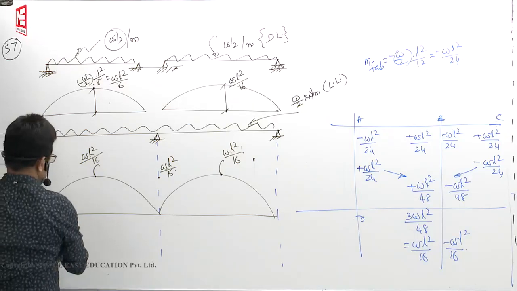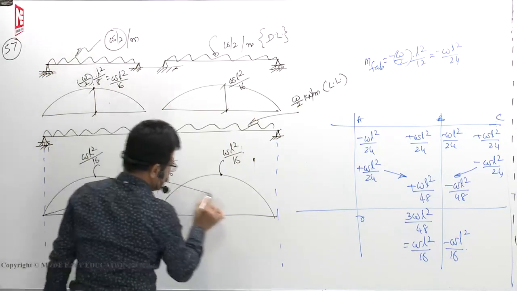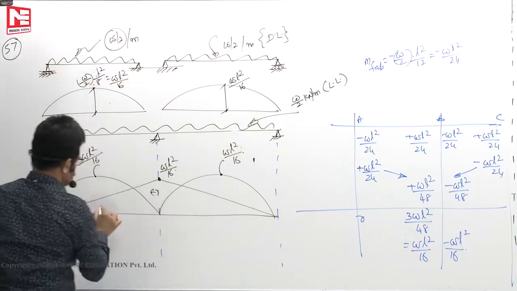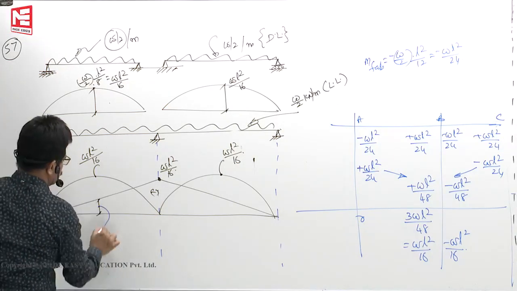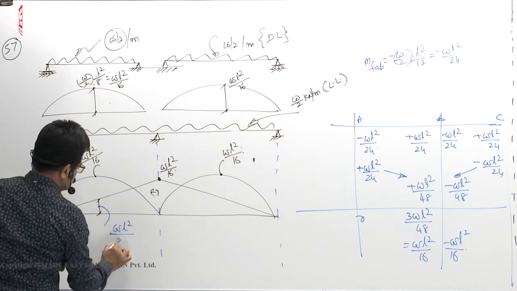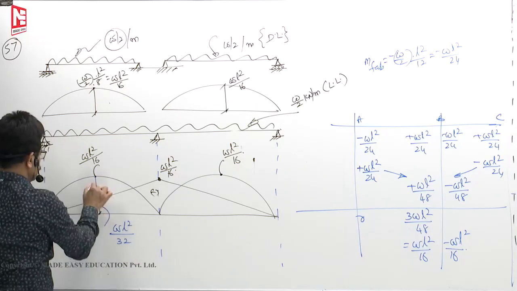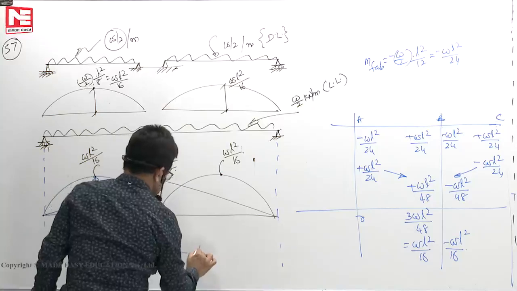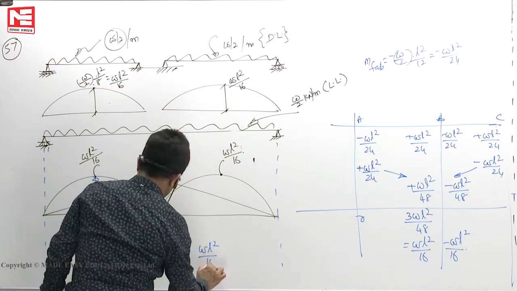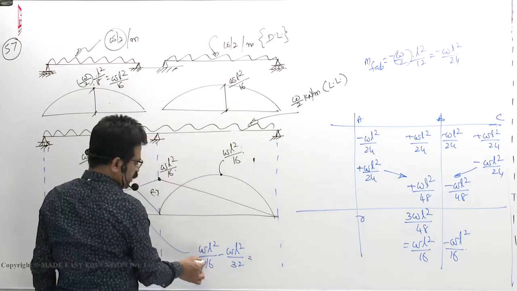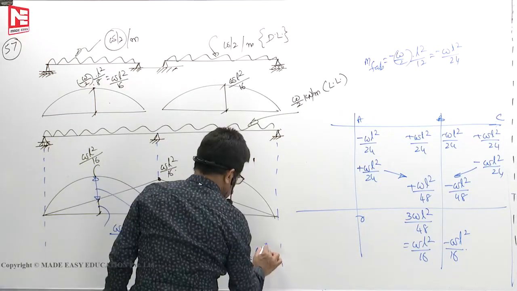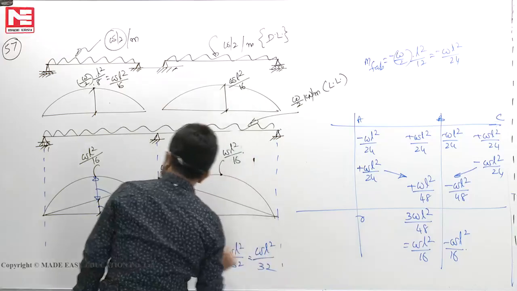So when you overlap it, it will go something like this. Now this value is half of that, WL square by 32. Now this height will become WL square by 16 minus WL square by 32. Common factor, if I take 32, 2 minus 1, you will get WL square by 32.